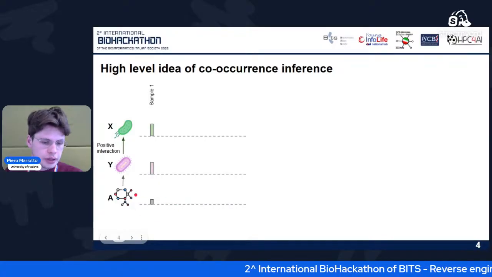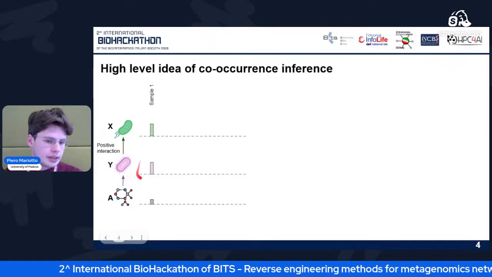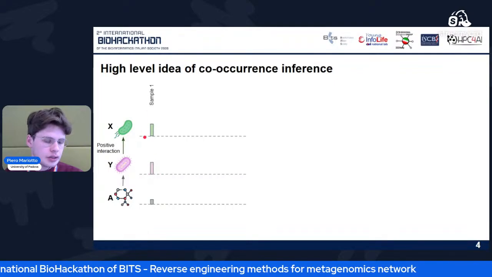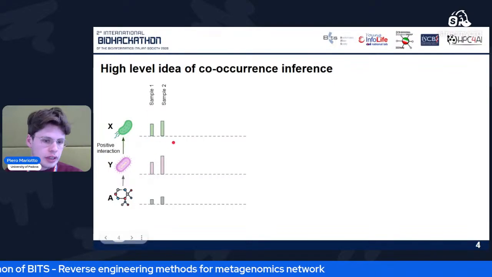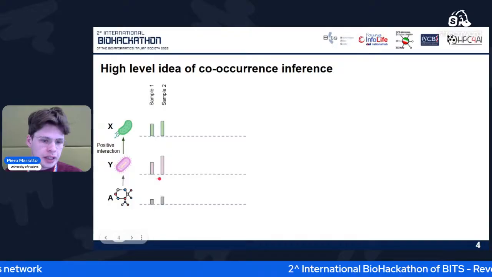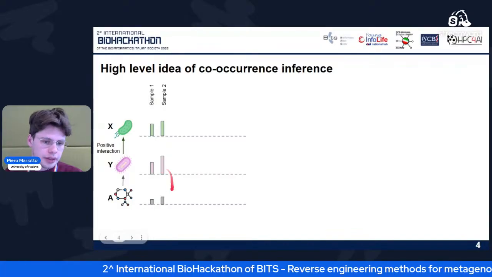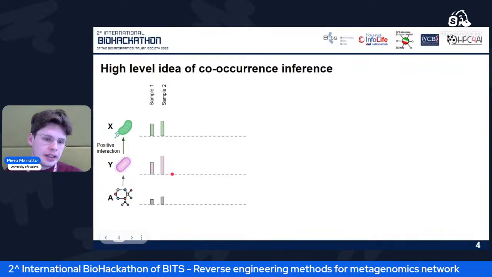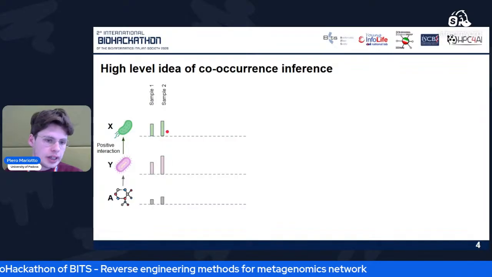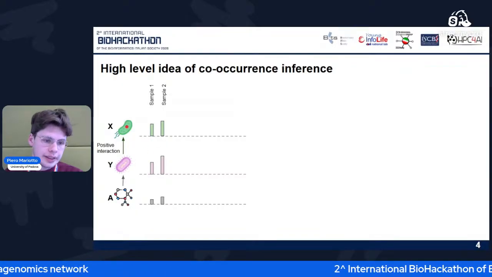You see that the resource A has a certain level, consequently Y has a certain abundance, and X has a certain abundance. Then you look at another sample where the abundance of the resource A increased slightly. This in turn increased the abundance of Y, since Y feeds off the resource A, and in turn this determined an increase in the species X, because Y positively interacts with X.